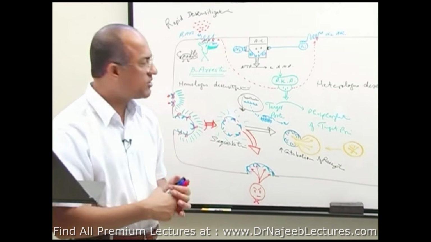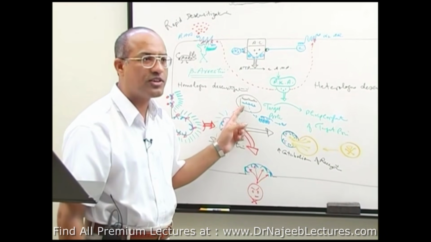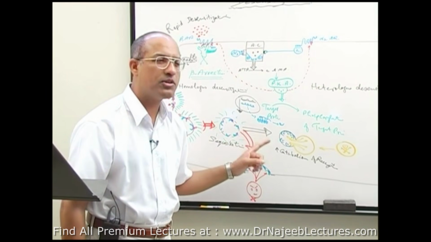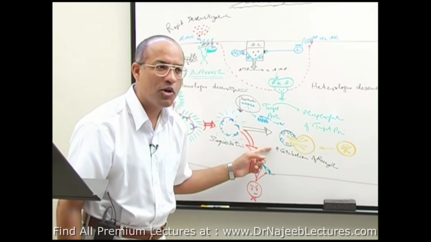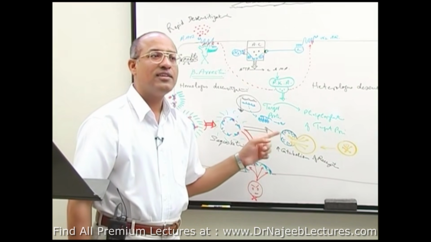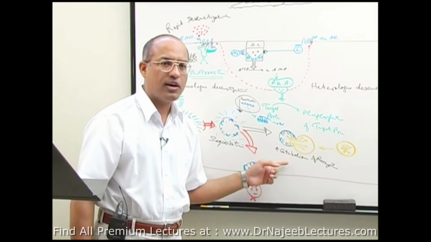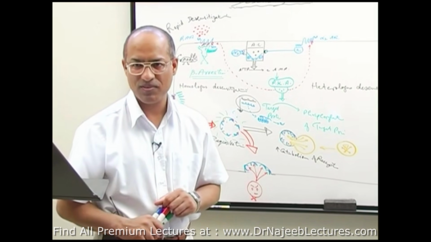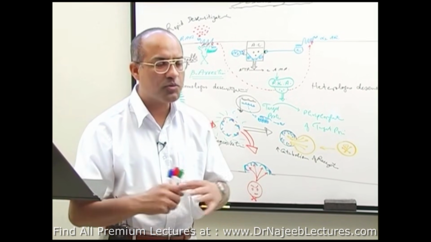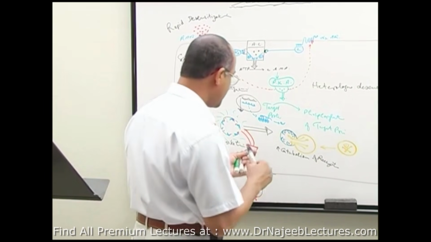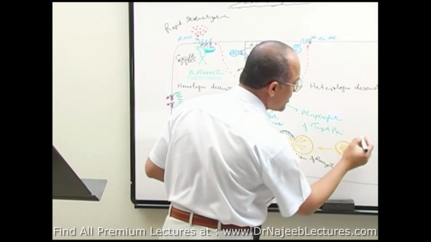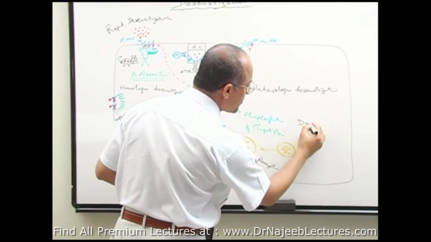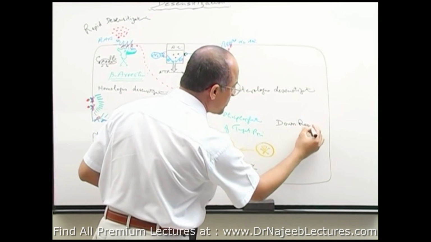So what really happens is that eventually synthesis of receptors becomes less, catabolism of receptor becomes more, and the number of receptors on the cell membrane becomes permanently low. Is that right? This whole process is called, yes please, what is this called? Down regulation of receptors.